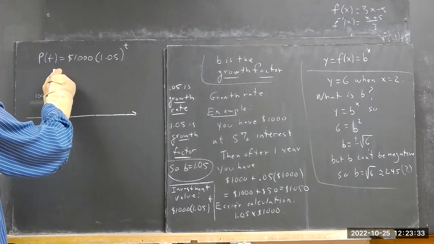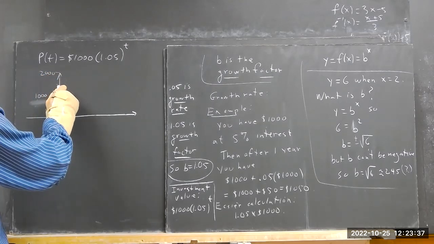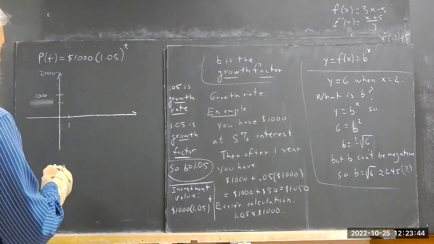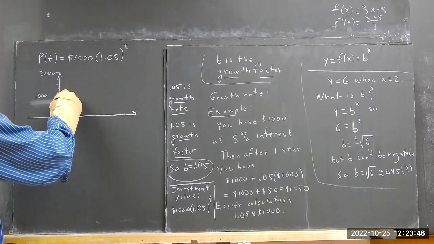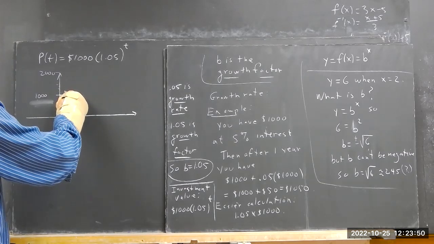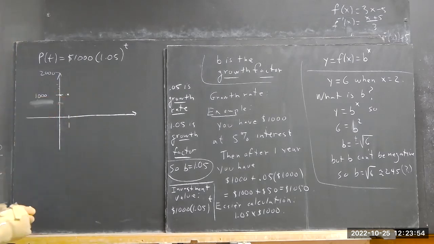So 2,000 would be up about here. And 1,500 would be here. Okay, this point's going to be just a little higher than this one.